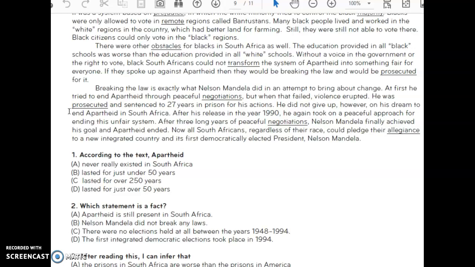After his release in the year 1990, he again took a peaceful approach for ending this unfair system. After 3 long years of peaceful negotiations, Nelson Mandela finally achieved his goal and apartheid ended. Now all South Africans, regardless of their race, could pledge their allegiance to a new integrated country and its first democratically elected president, Nelson Mandela.